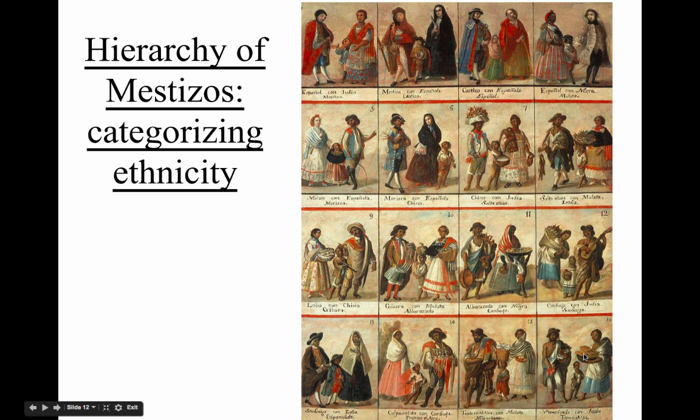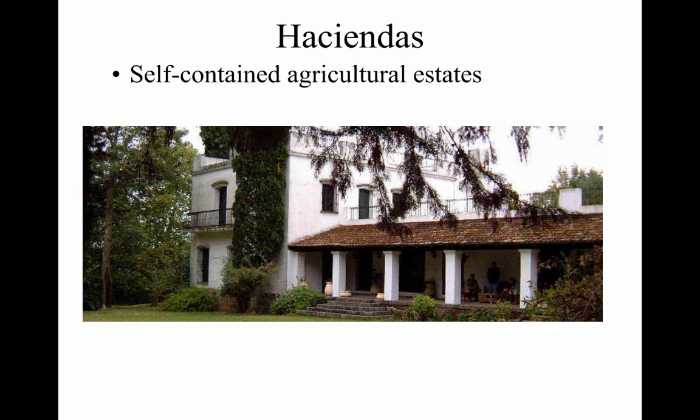And if we get to the very, very bottom, essentially, if you are blended from African slaves, Chinese servants, and Indians, you're the lowest of the low, right? So even within the mestizo class, they 100% regimented and categorized people to consistently have a sense of power, right? So your ethnicity, your race equals your power, and they're very specific about this stuff.